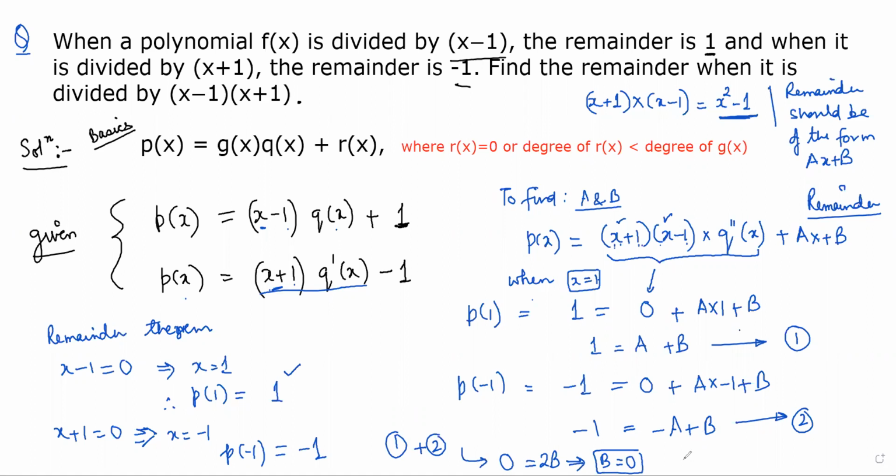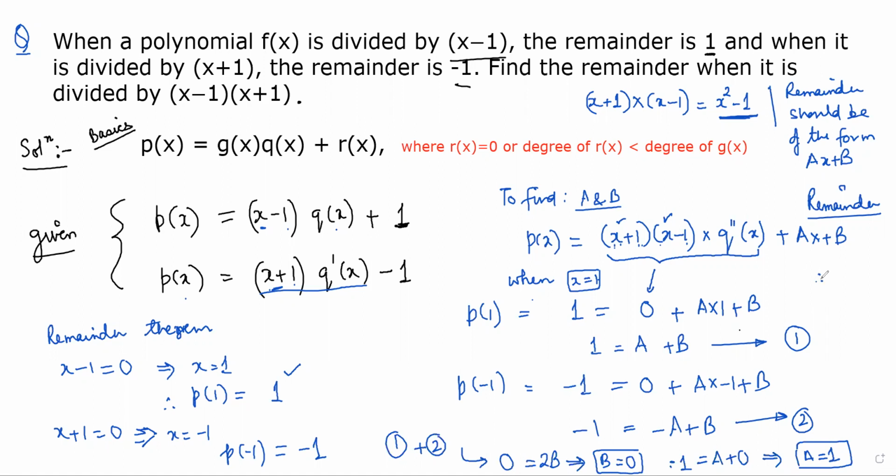In case b is 0, substituting in equation 1, we find 1 is equal to a plus 0. This means a is equal to 1. What we wanted to find out? The remainder. Finally, the end game. Let's take a black pen.